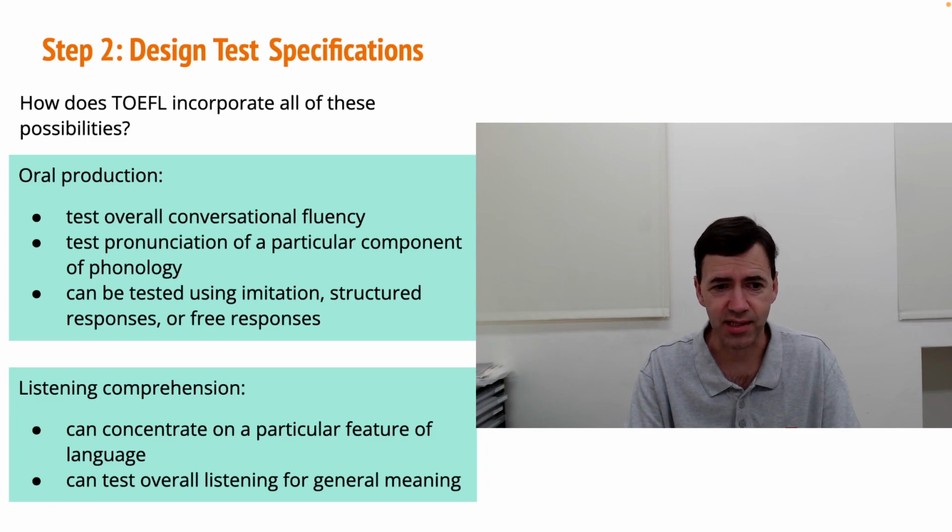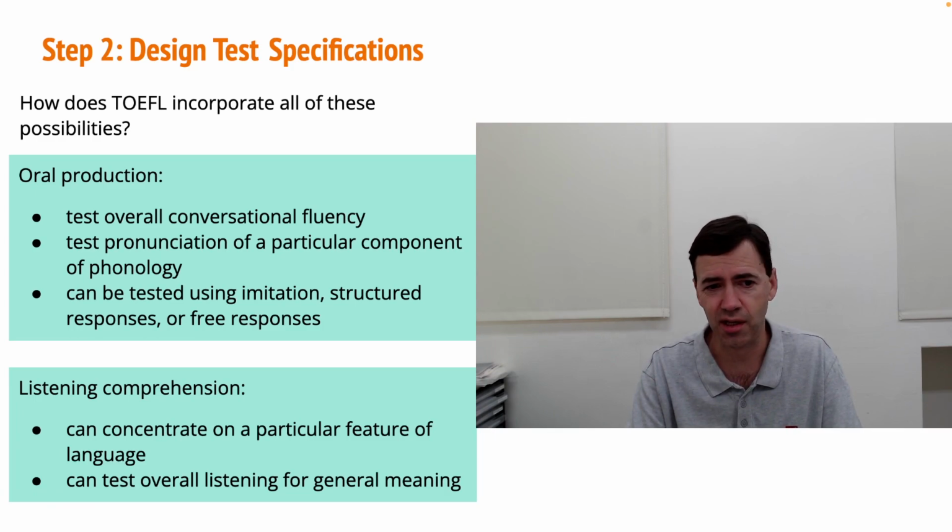These previous 2 can be tested using imitation, structured response, or free response. So if you think back to if you took the beginning level GEPT speaking test, that's what they did, right? They read sentences, you had to listen to it and repeat it. That was the speaking test in the beginning, just imitating what you heard.